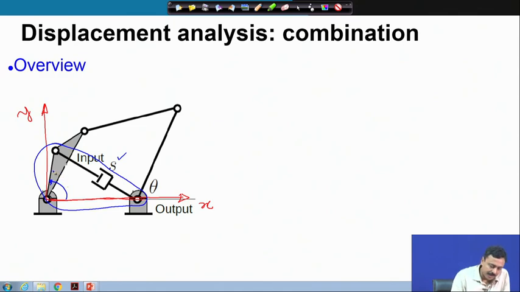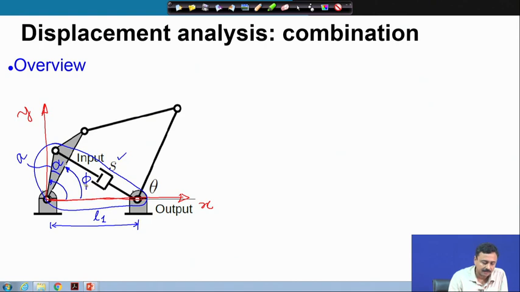Let me call this angle, which is a fixed angle, as alpha, and this angle, let us say I call it phi. This length let me call it A.